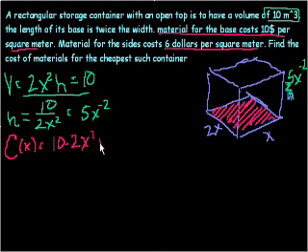And now we want to add the cost of the material on the sides. And this is where it gets a little bit interesting. So there's two sides that are x. This side and this side are the same size, right? What are their areas?